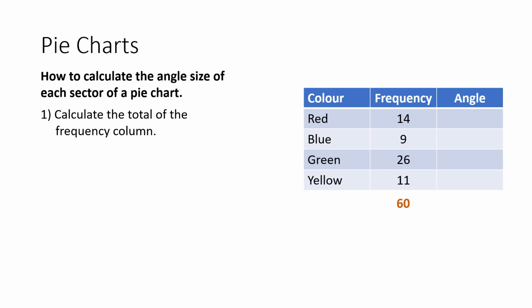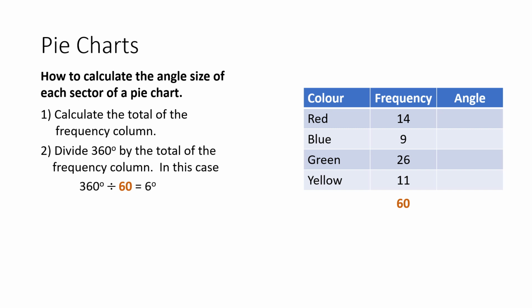The calculation I need to do is divide 360 degrees by the total of the frequency column, which in this case is 60. That gives me an answer of 6 degrees. So I know that each piece of data is worth 6 degrees.